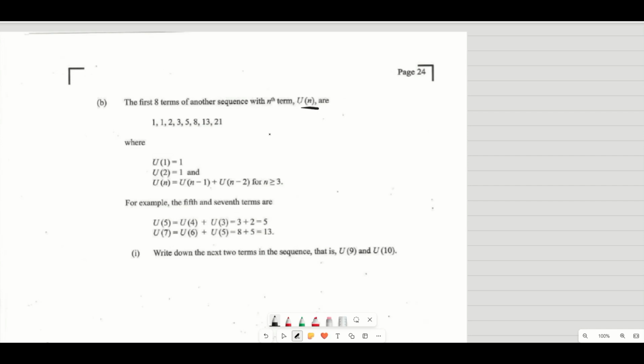For example, the fifth and seventh terms are, so u5 would be, let me just show you how they did this. They told you that un is equal to u open bracket n minus 1 plus u open bracket n minus 2. So if they said u5, that means n is equal to 5. So wherever we see n in the formula, you're going to put 5.